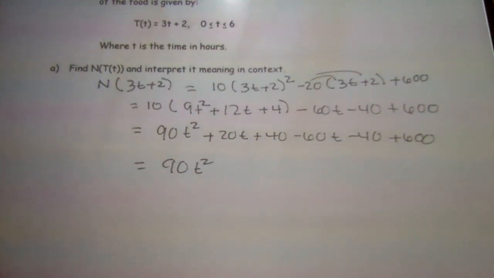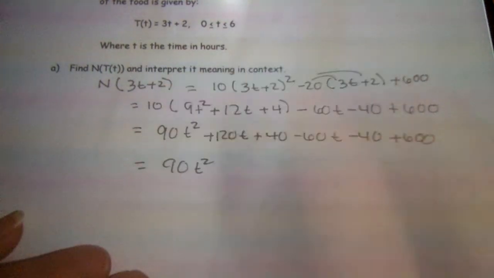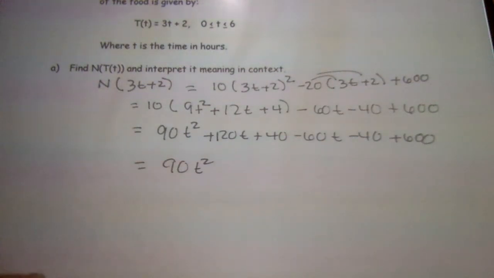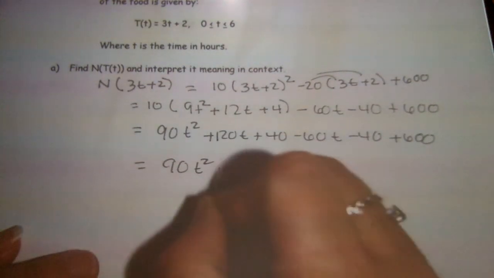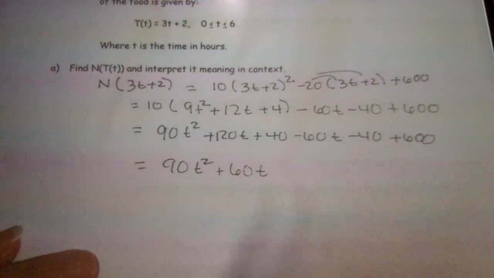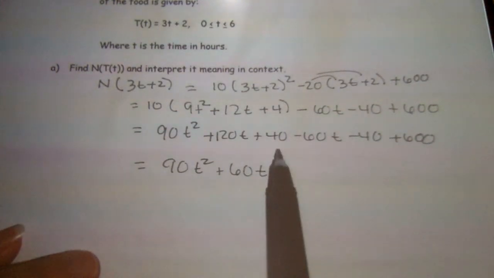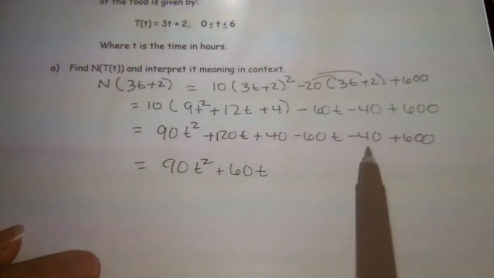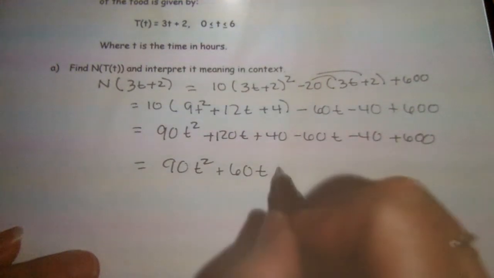T squared should be 120 minus 60 is 60t. 40 minus 40 plus 600.